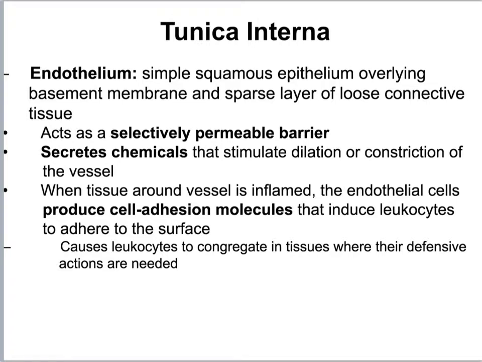They produce these cell adhesion molecules, and they also become more permeable. Usually, blood vessels do not allow cells to leak out. It's important because you don't want blood cells to leak out. But under the influence of inflammatory signals, they become much more permeable to white blood cells.